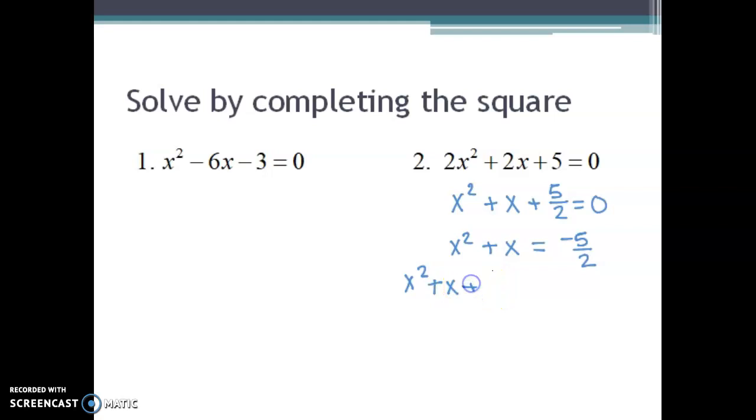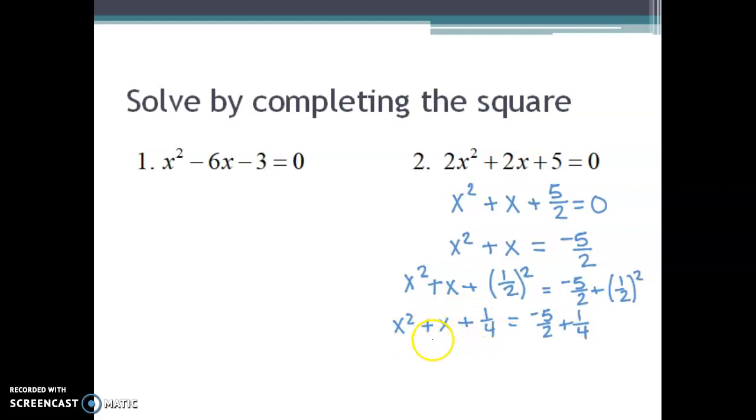The way that we do that is we take our b term, which is 1 in this case, and we divide it in half and square it. Then, to keep our equation equivalent, we have to add that same value to the other side. So now we have x squared plus x plus 1/4 equals negative 5 over 2 plus 1/4.